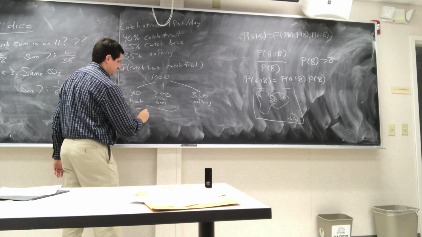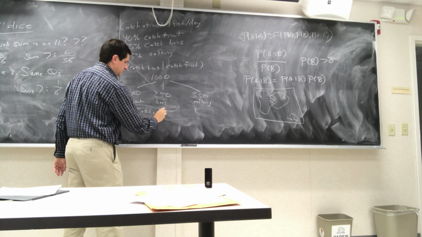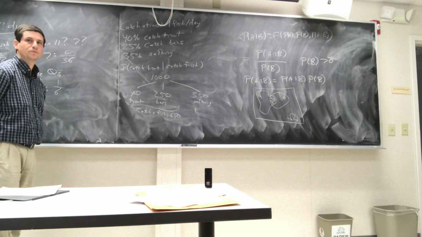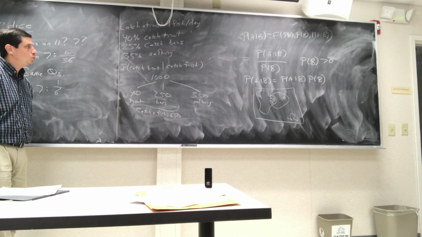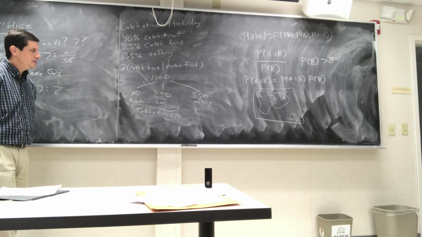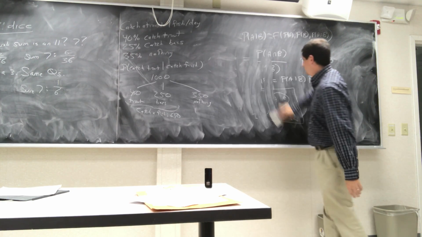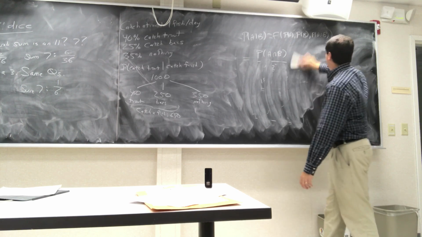This is catch a fish. And this happens 650 times. So we can calculate now what is the probability we catch a trout given that we caught a fish. We can look at this tree of probabilities.